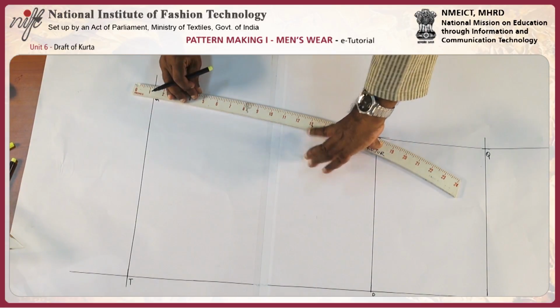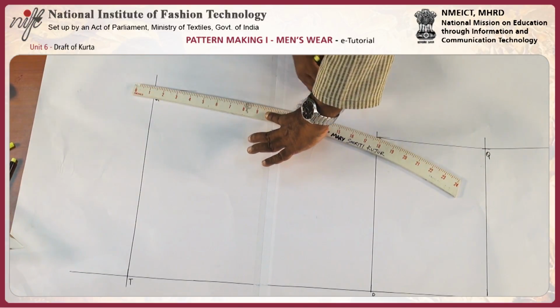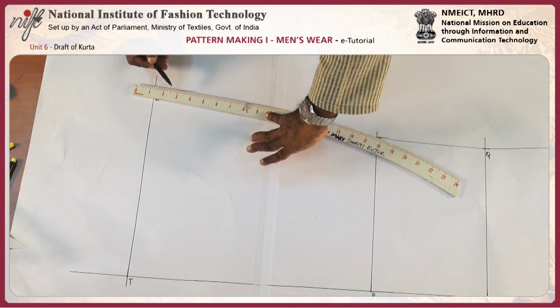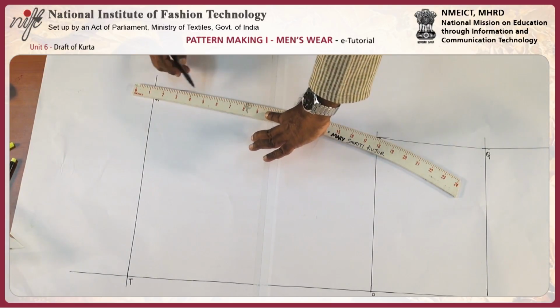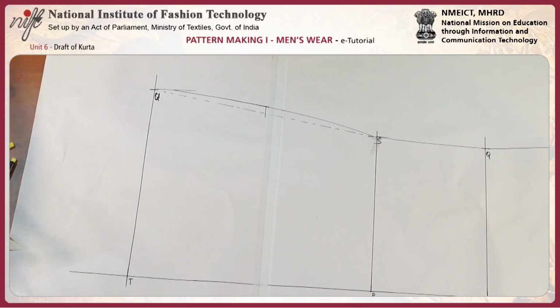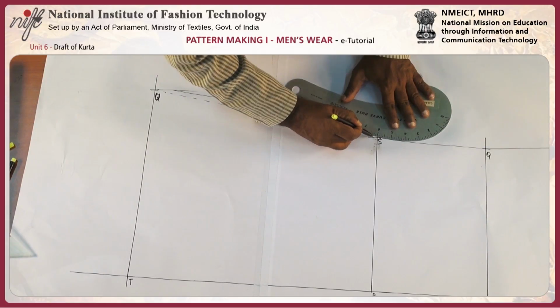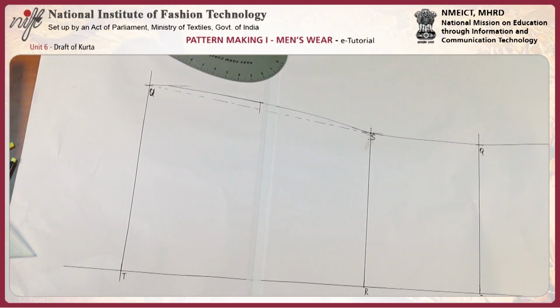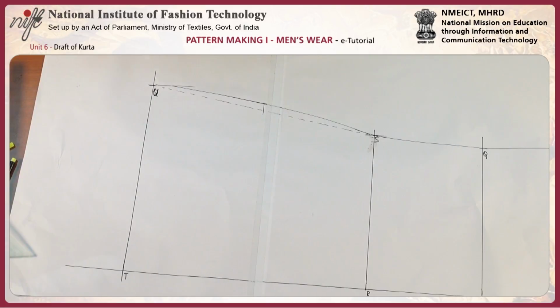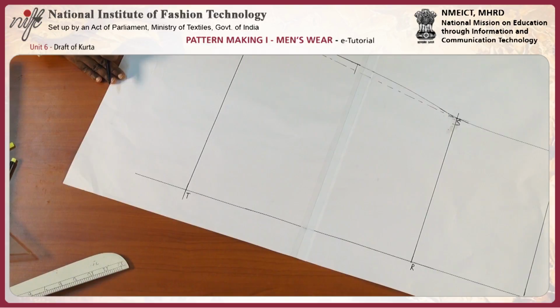It takes time, you need to analyze, then start shaping. Then blend it here with the French curve. So with this you get a side seam.